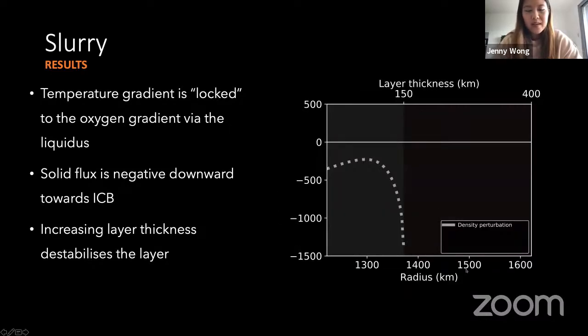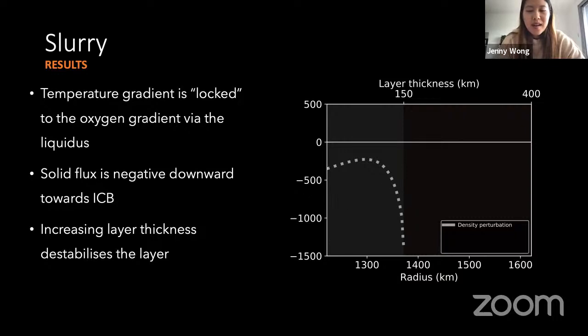What I tried to do here was extract that information in terms of the actual density perturbations rather than the total density, because the background profile is taken as a hydrostatic reference. What's actually destabilizing or stabilizing the layer is the perturbations to that reference profile.